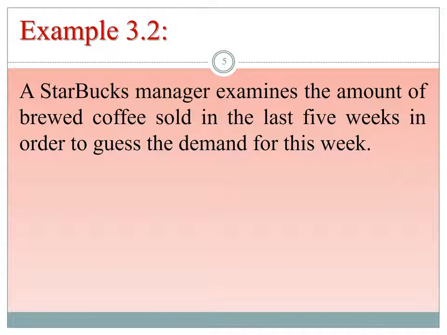Second example, a Starbucks manager examined the amount of brewed coffee sold in the last 5 weeks in order to guess the demand for this week. Usually population parameters are unknown, so in inferential statistics we select a sample, calculate the probabilities, and finally make a conclusion for the population.